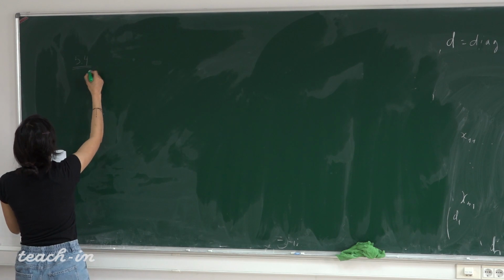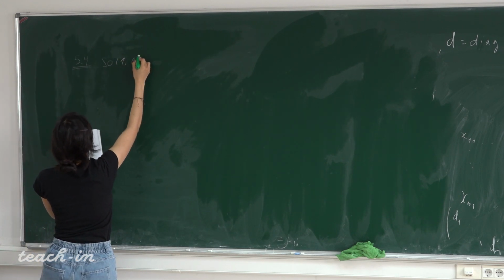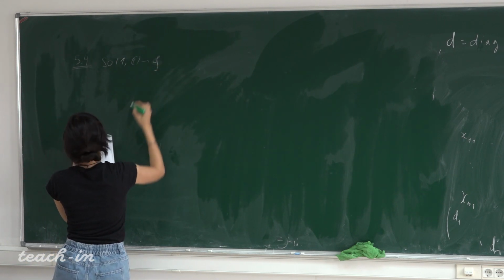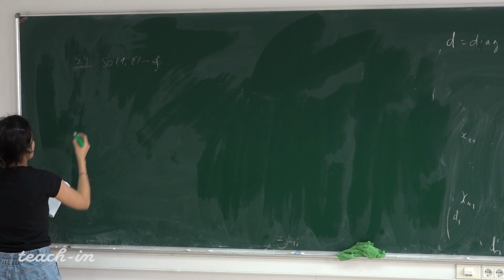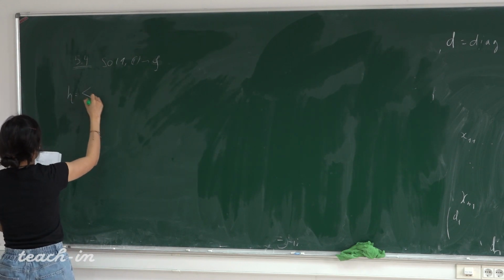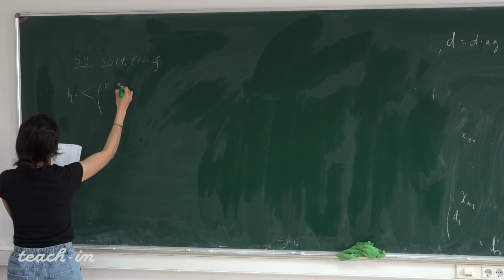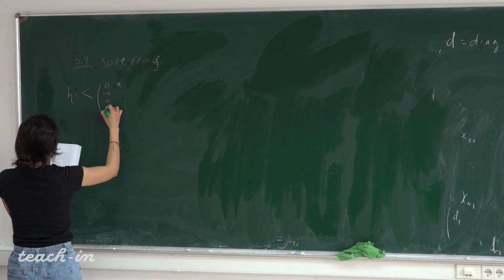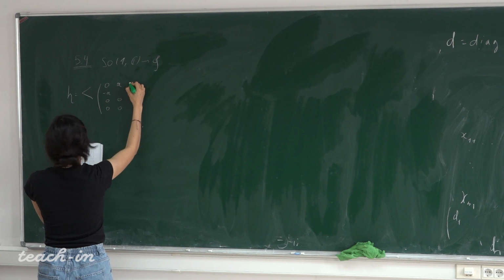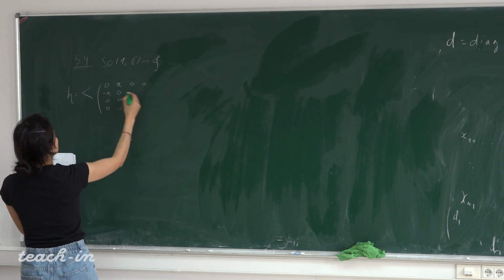Okay, so we need to prove this first. This is our algebra, and we want to prove that the matrices generated by these elements in this form are a Cartan subalgebra.